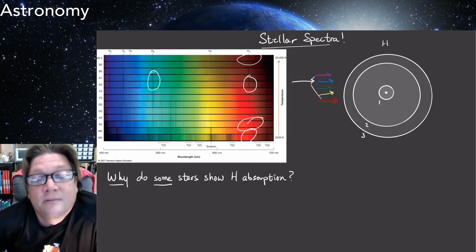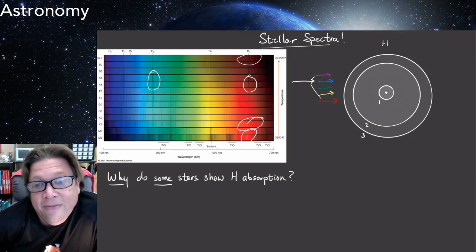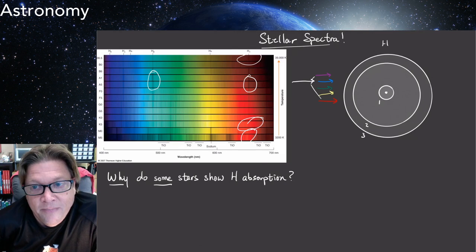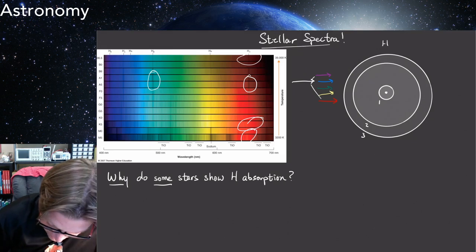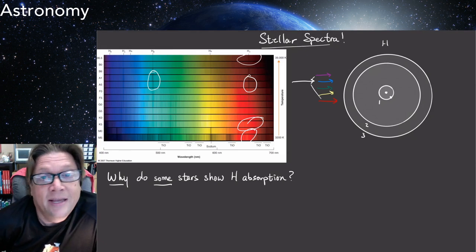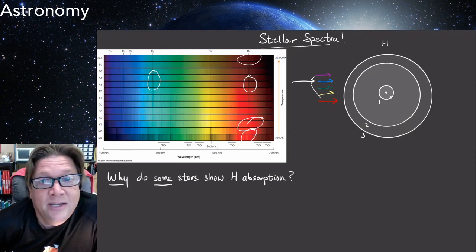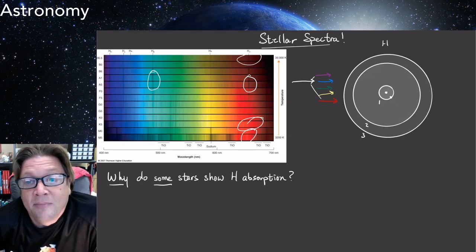All of these colors are coming in. The continuous spectrum is coming from the star. Now, when it hits a hydrogen atom, here's what happens. If an electron is sitting down here at level 1, well, nothing happens. All of that visible light just passes right through. It's a transparent gas. Hydrogen is transparent if the electron is just sitting down at level 1.